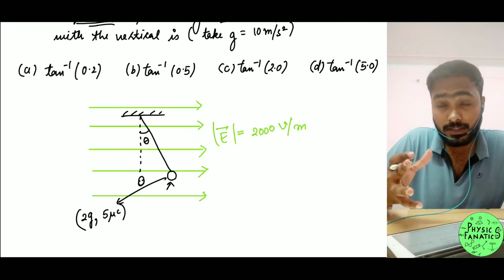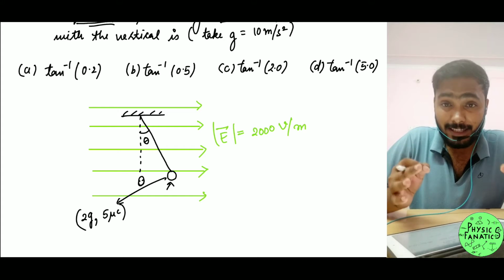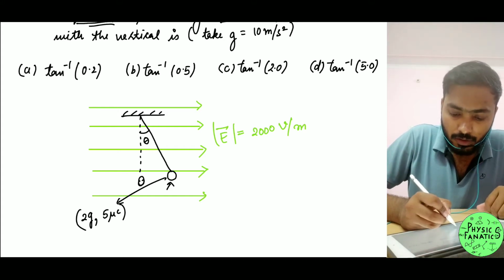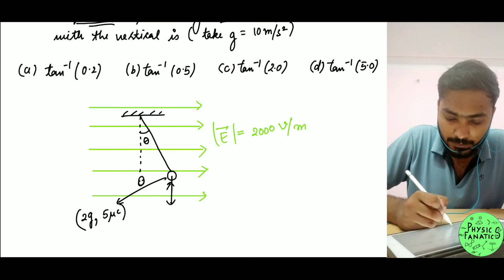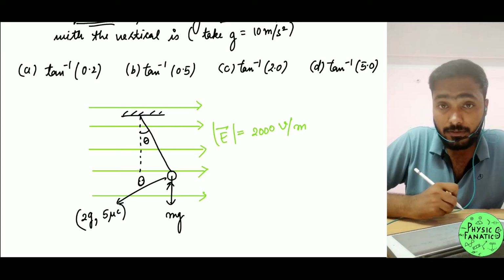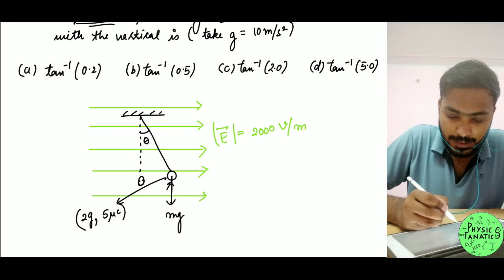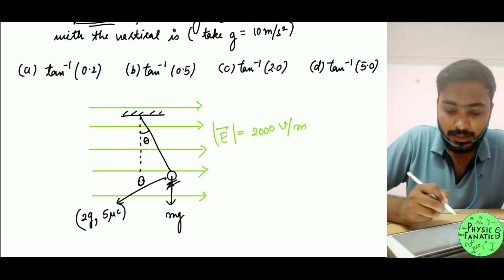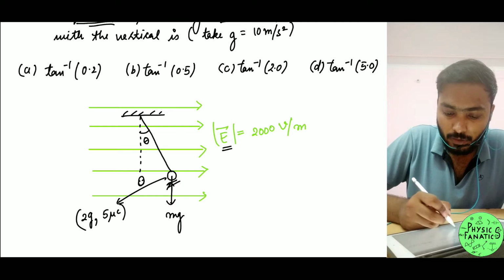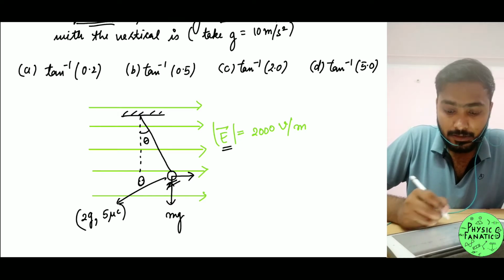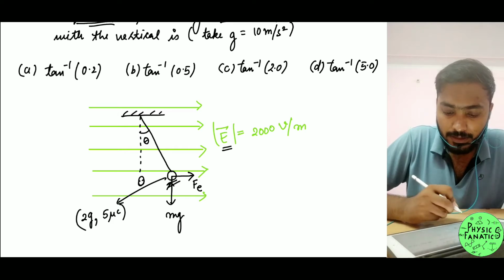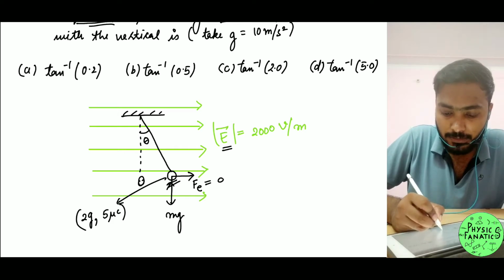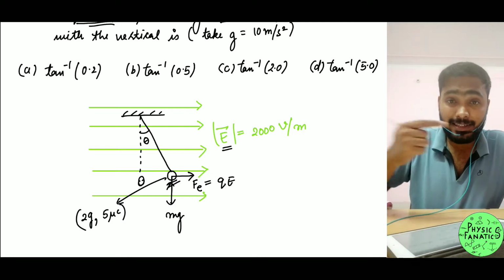So at equilibrium, all the forces that are acting on the bob will balance. Let's talk about what forces are acting on the bob. First of all, mg is the force that is acting. Second, as you can see, it has some charge, and this charge is placed inside some electric field, so obviously there will be an electric force, the force because of the electric field, and that will be qE, which will be in that direction.